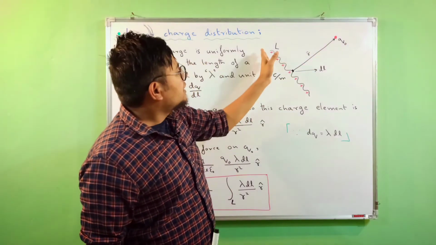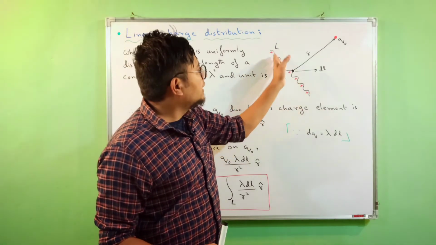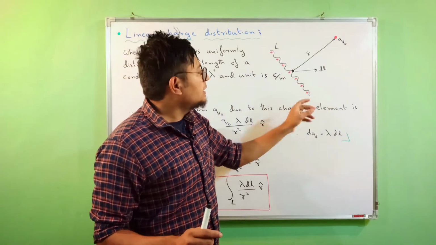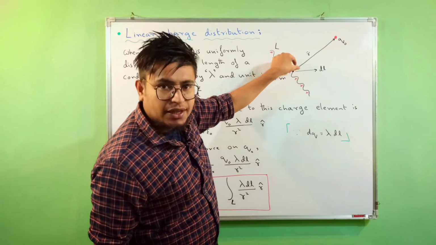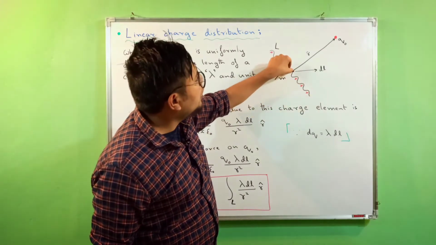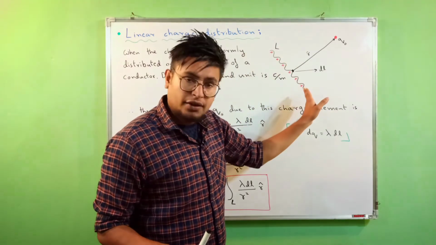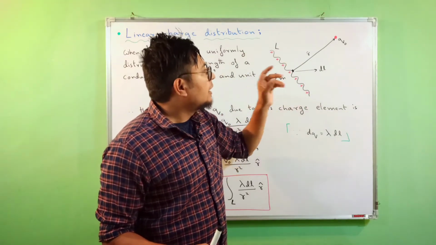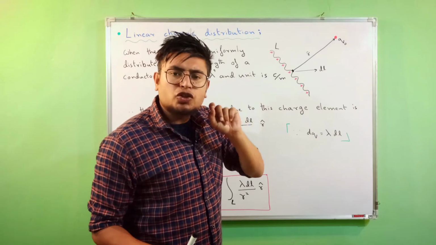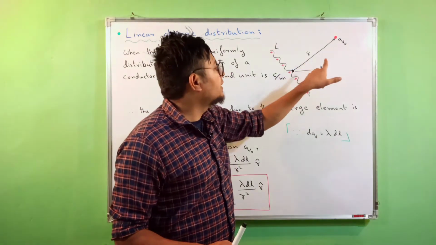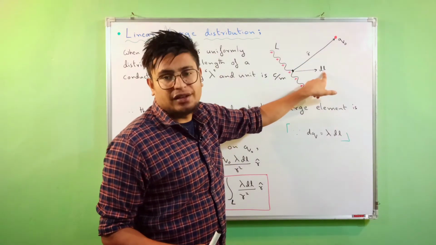Instead of doing it for the entire line, I'll take a small element dl from this line, and then I'll verify how much is the force acting upon Q naught by this small element dl.